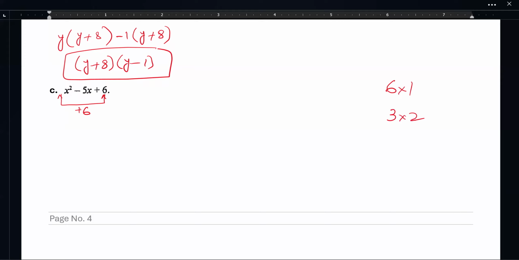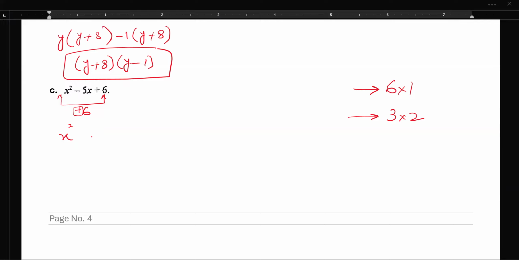Since this plus sign tells me that I must add the two numbers. If I add the first two, I'll get 7 and the last one I'll get 5. Definitely means we will use 3 and 2. Yes, we break the middle term with 3 and 2.